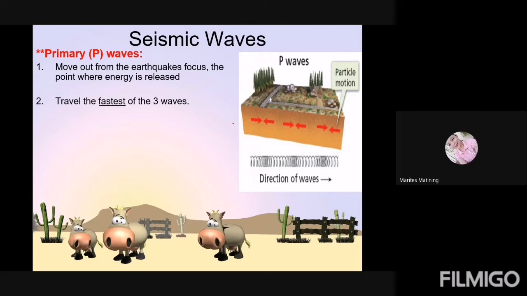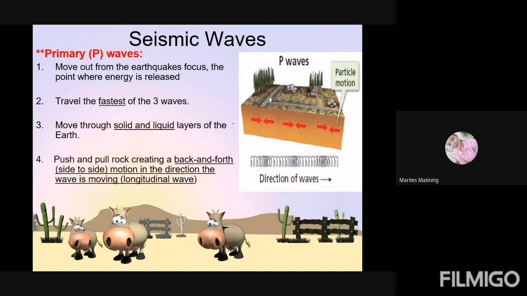So, siya yung pinakamabilis. It moves, take note of this, it moves through solid and liquid layers of the earth. So, kaya niyang mag-move from crust to mantle to core, or vice versa, from core to mantle to crust. Ayan. So, kaya niyang mag-travel sa solid, mapa-liquid.